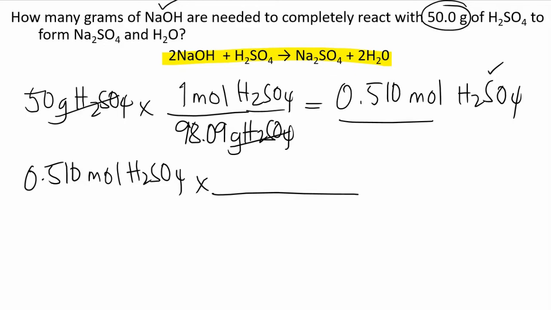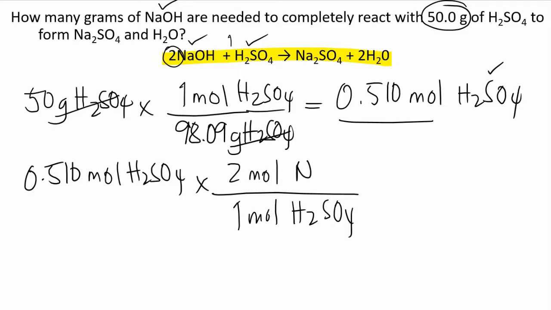Ano ang mole ratio ng sulfuric acid at ng sodium hydroxide? So, ang isang mole ng sulfuric acid ay magre-react sa 2 mole ng sodium hydroxide. So, 1 mole of sulfuric acid, H2SO4, will react to 2 moles of sodium hydroxide.